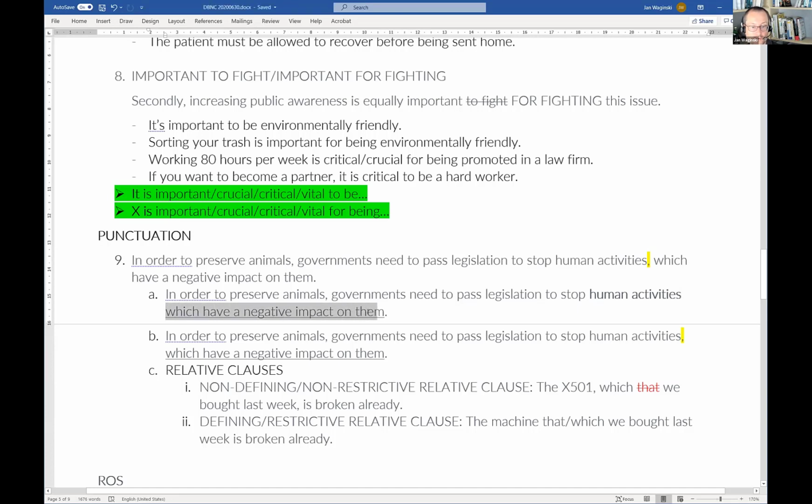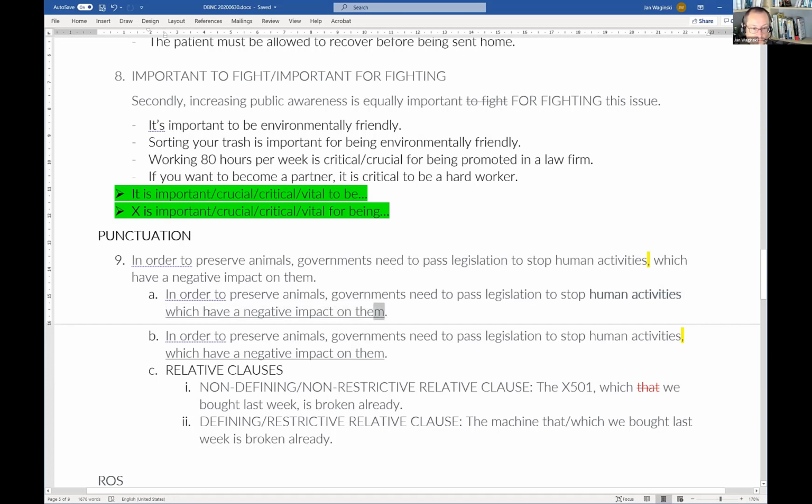They have to refer back to the noun that's right in front of them. In some cases, they can refer to the whole sentence that's right before them, but mostly to the noun that's directly in front of them.